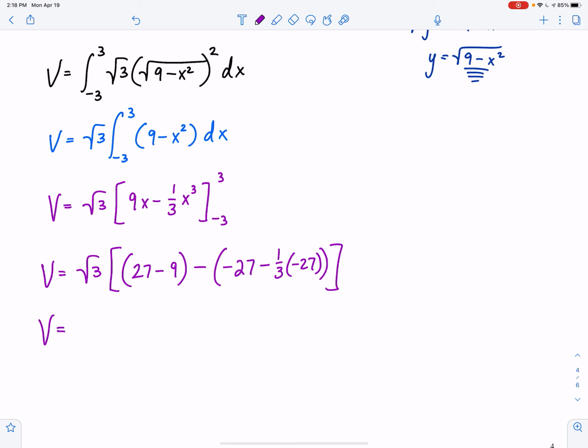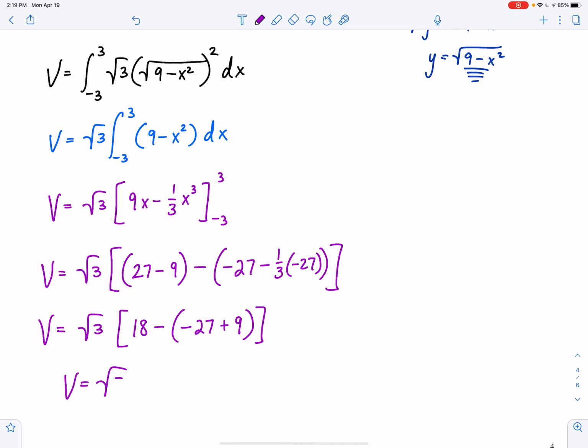So this actually comes out pretty cleanly. This becomes 18 minus negative 27 plus 9.